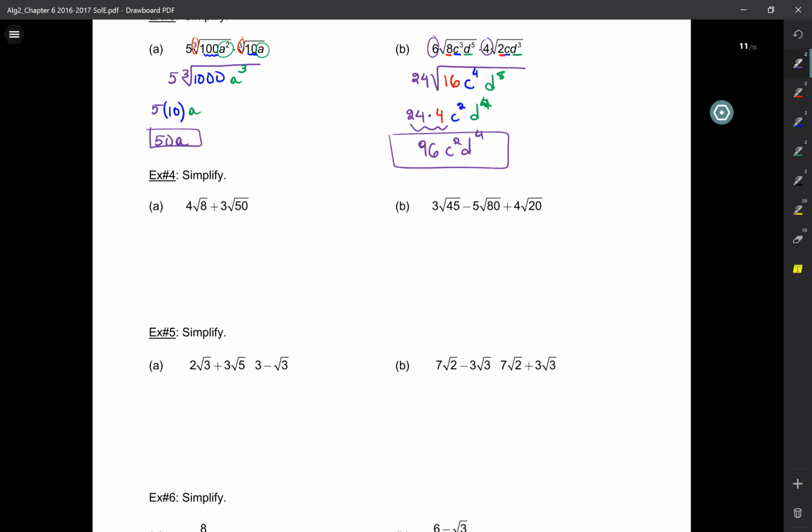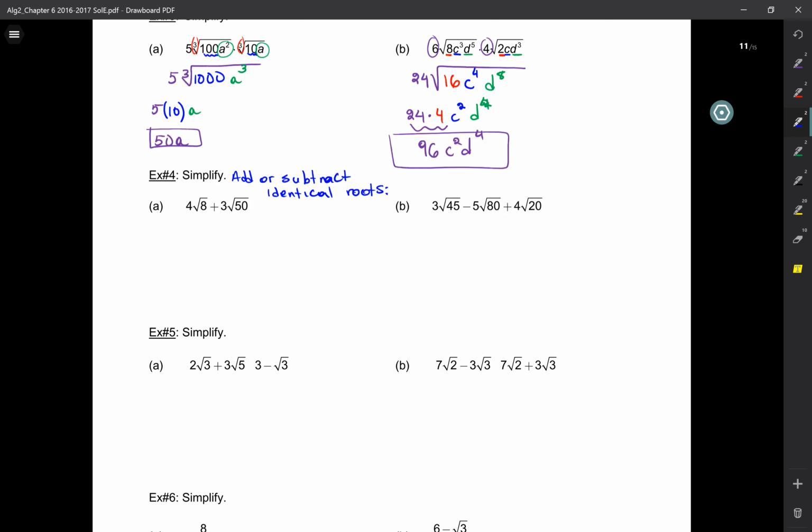Okay. So to simplify, you can add or subtract identical roots. So for example, I can add root 3 plus root 3, but I can't add root 3 plus root 2, okay?